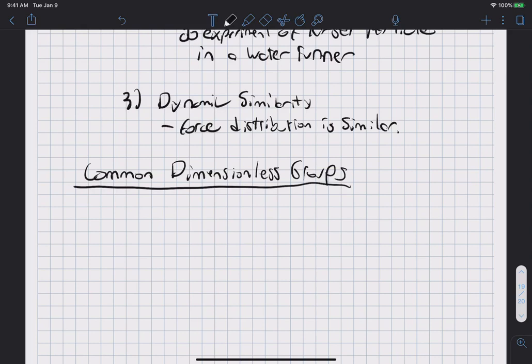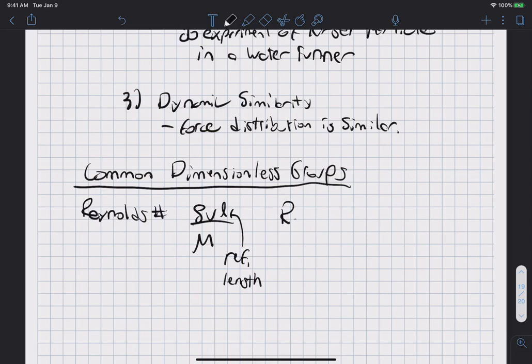But the most common one, and one that you'll be using in chapters 8 and 9, is the Reynolds number. That's given by rho v L over mu, and L is just a reference length. For a sphere, that reference length would be the diameter, and we'll get more into that.